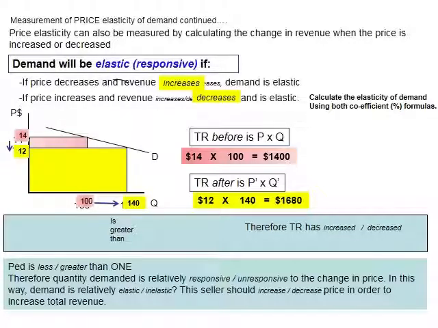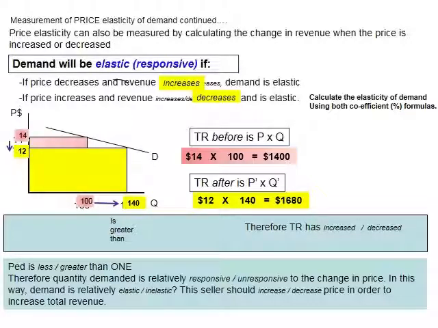Second method, using our formulas. The first one, as you can see, we used the midpoint formula and we got a coefficient of 2.17. When we use the percentage change formula, we got 2.8. Both are greater than 1, so no problem. But you can see there's a significant variation using each formula.